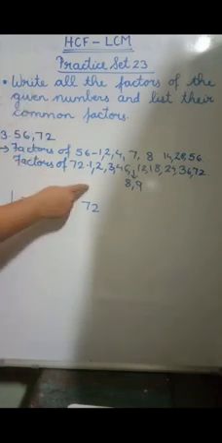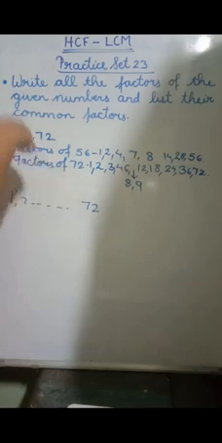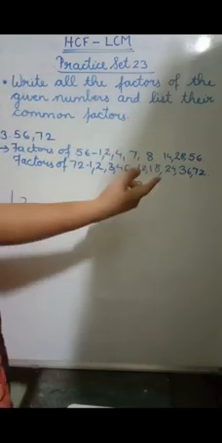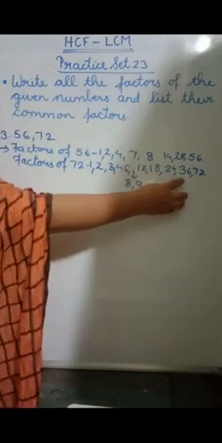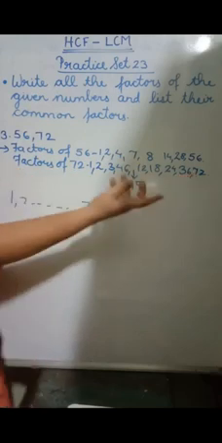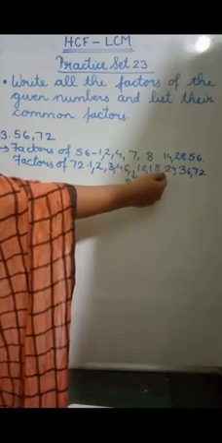But what method have I shown you? If 1, then 72; 2, then 36. Then between 36 and 72, no need to check, because they will surely not be the factors. Are you understanding what I am saying? Now 3, 24s are, then between 24 and 36 whatever numbers are there, no need to check, because they will not be the factors of 72.